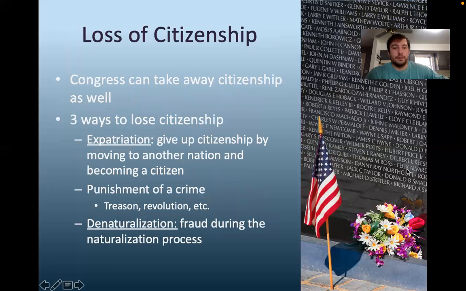All right, so loss of citizenship. Congress can take away citizenship as well. So 3 ways: expatriation. Okay, so this is giving up citizenship by moving to another nation and becoming a citizen. All right, punishment of crime, so treason, revolution, etc. I know it's kind of weird associating the two with each other.